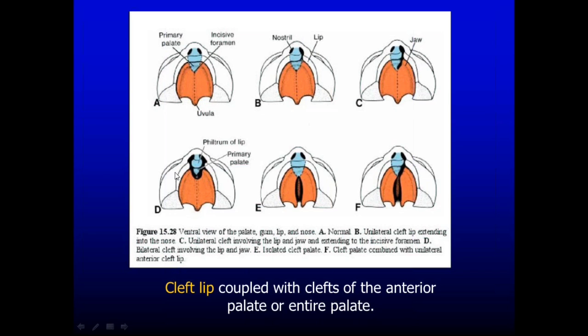Next condition is bilateral cleft lip, including the lips and jaw. Next is isolated cleft palate, when there is failure of the fusion of the lateral palatine processes with each other, separating the nasal cavity from the oral cavity. Now, next condition is cleft palate associated with anterior cleft lip. It's unilateral cleft lip.